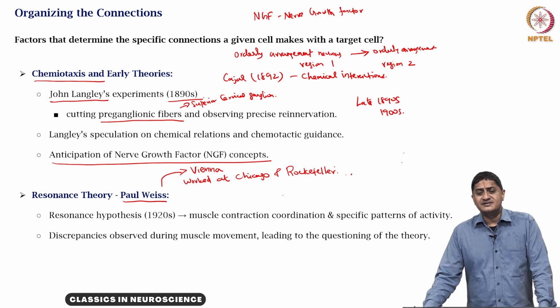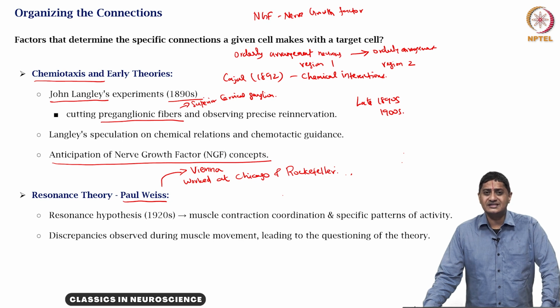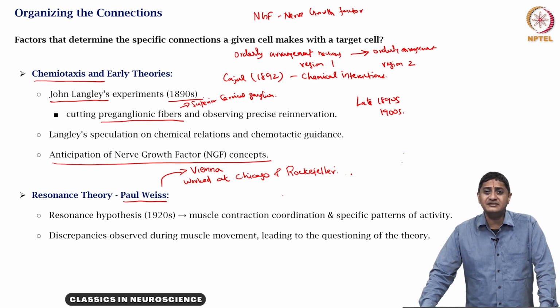So, Paul Weiss speculated that innervation of motor neurons happened in a rather random fashion, and specificity of activation happened due to the specificity of the patterns of activity.